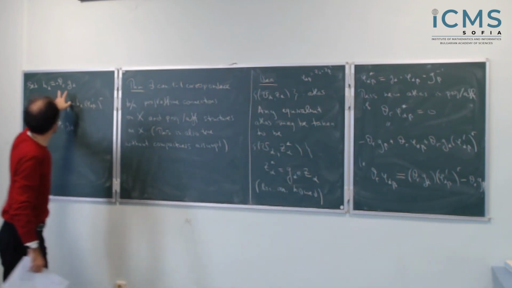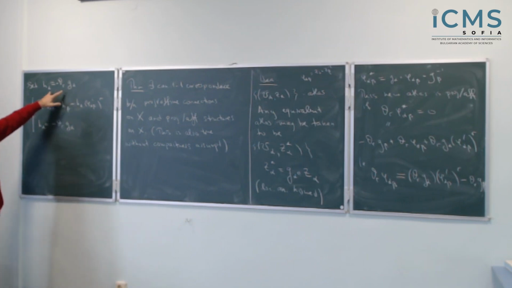We have to solve a differential equation for the function g alpha. So the question here of finding the g alpha, locally the question boils down to solving this differential equation.